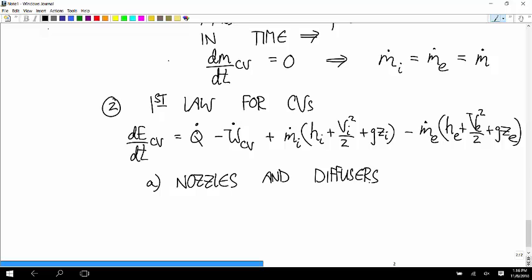With nozzles and diffusers, we assume, for the most simplified form, we had steady state.